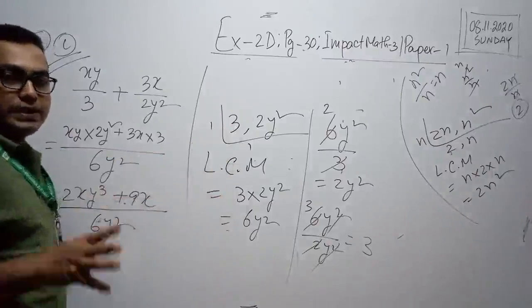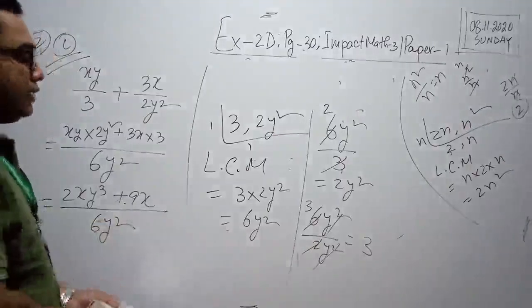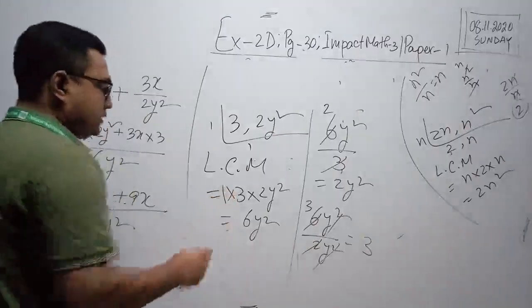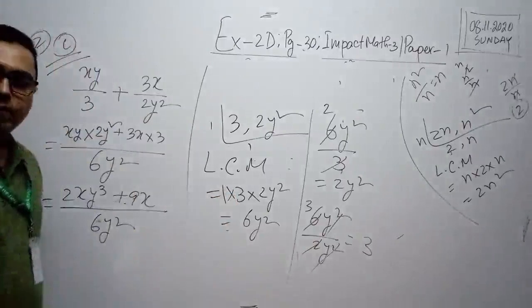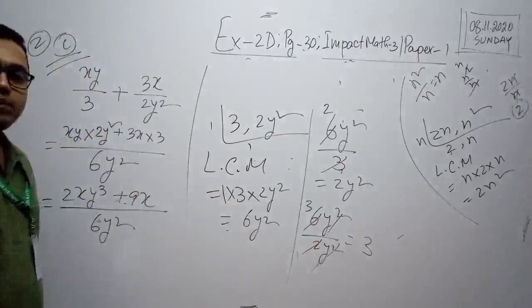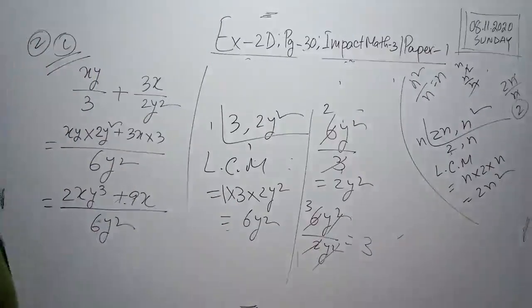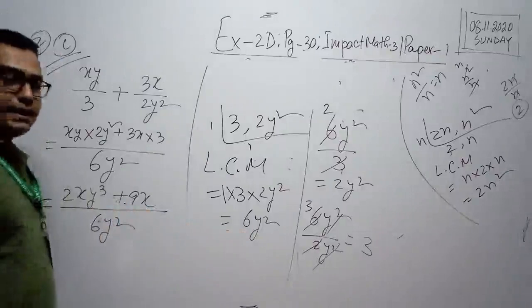To find the LCM, first of all write the 1. Here if you want to write the 1, it is actually unnecessary. 1 multiplied by the uncommon. So the uncommon numbers are 3 multiplied by 2y square. So what do we get? 6y square is our LCM.